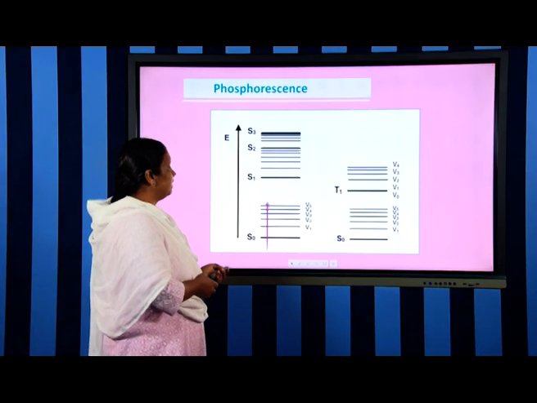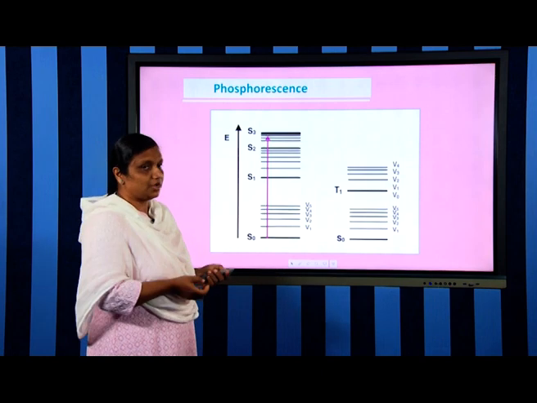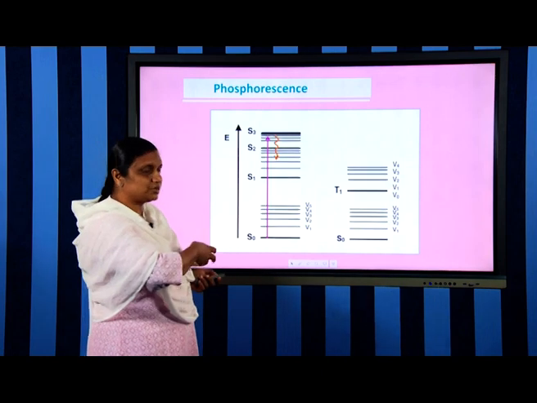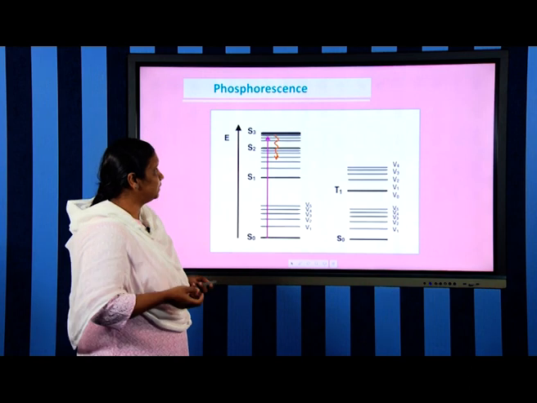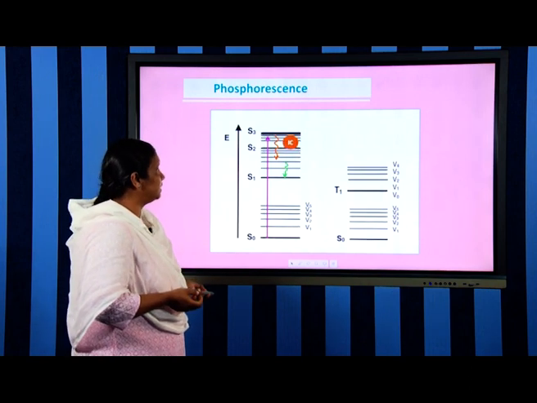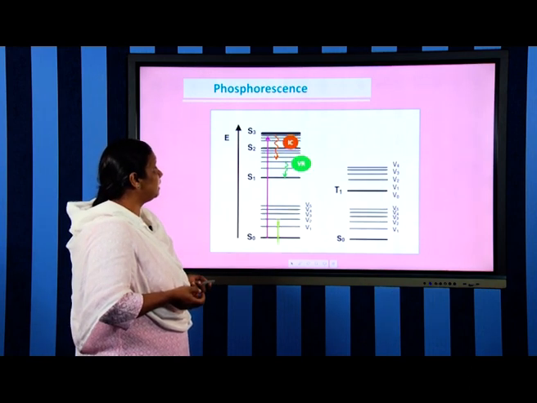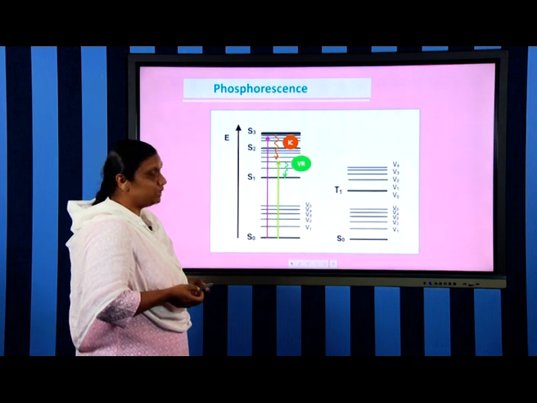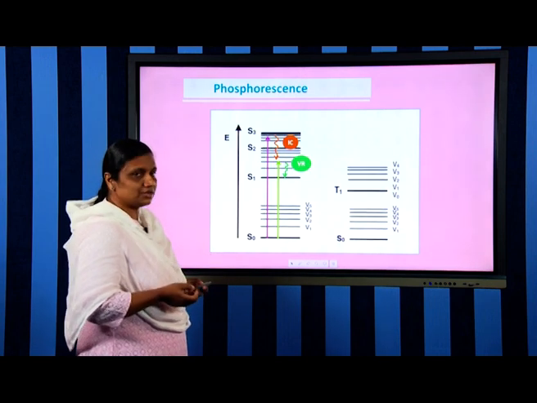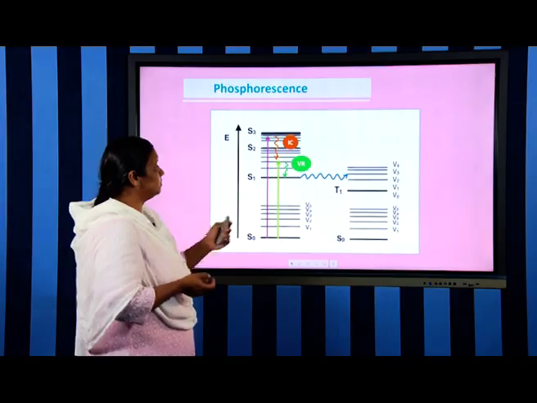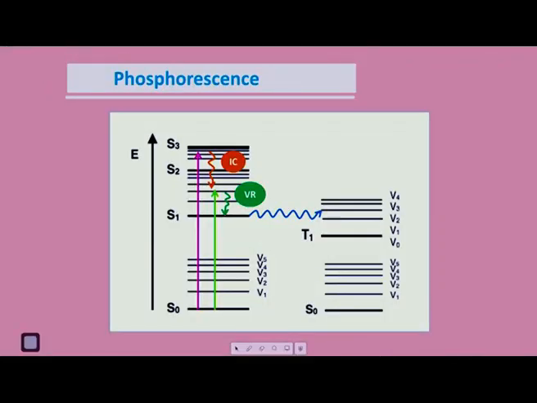Now, we have excitation of electron, it goes to higher energy level, it undergoes relaxation by internal conversion, and then it undergoes vibrational relaxation. All right, various modes of vibrational relaxation are there. From there, it undergoes the non-radiative intersystem crossing, which we had discussed earlier. Now, after intersystem crossing, it will undergo vibrational relaxation, again a non-radiative transition.